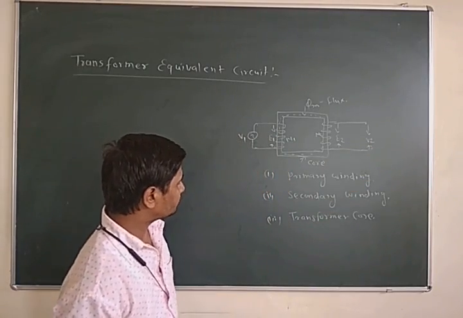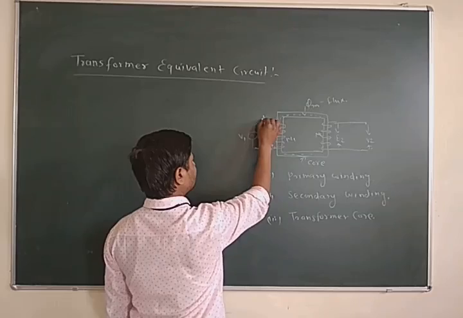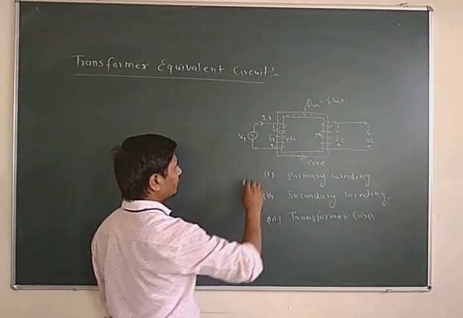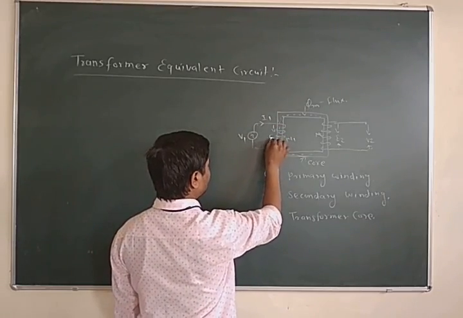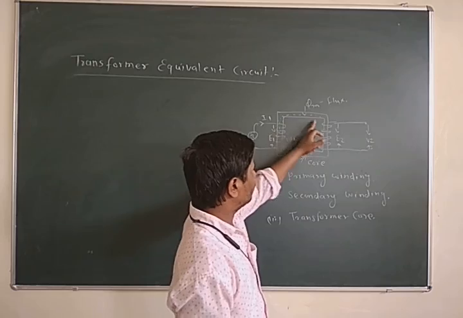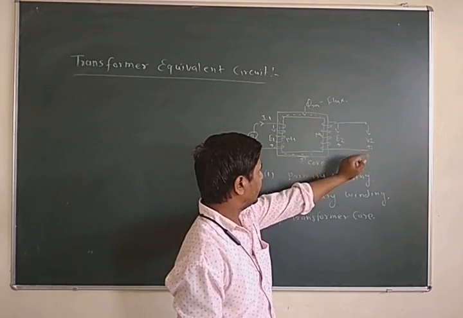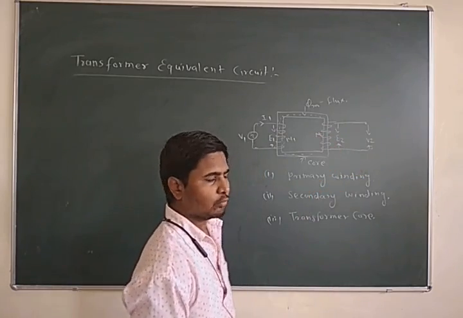So first of all, let I1 be the current in the primary winding, and E1 the induced EMF in the primary winding. Similarly, due to flux, the induced EMF in the secondary is E2, and the number of turns is N2.